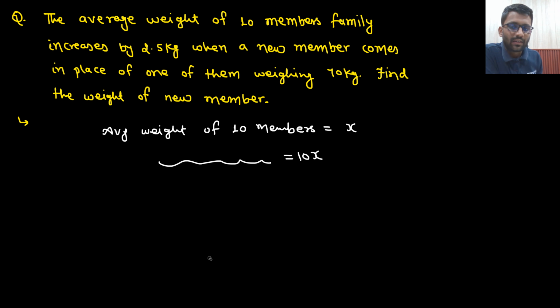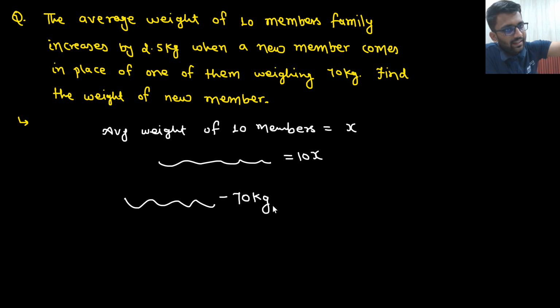Now what is happening? This was the total weight, right? A new member comes in the place of a guy weighing 70 kg. So there was a guy weighing 70 kg. He has gone off. Now in the family there are only 9 members. Now another guy comes in.